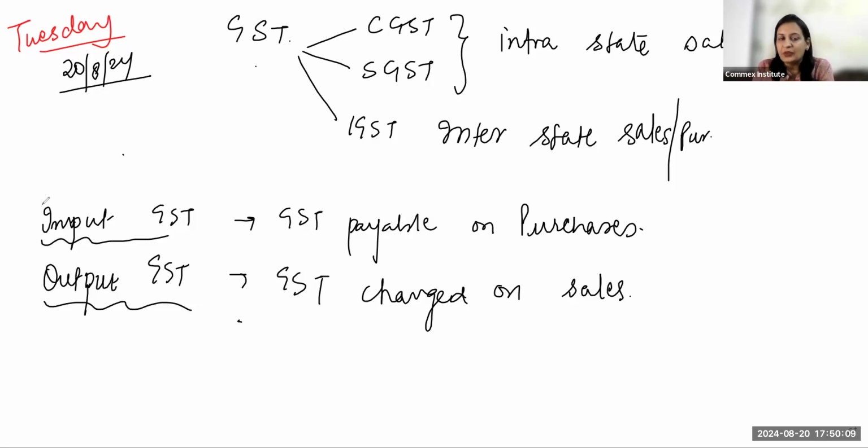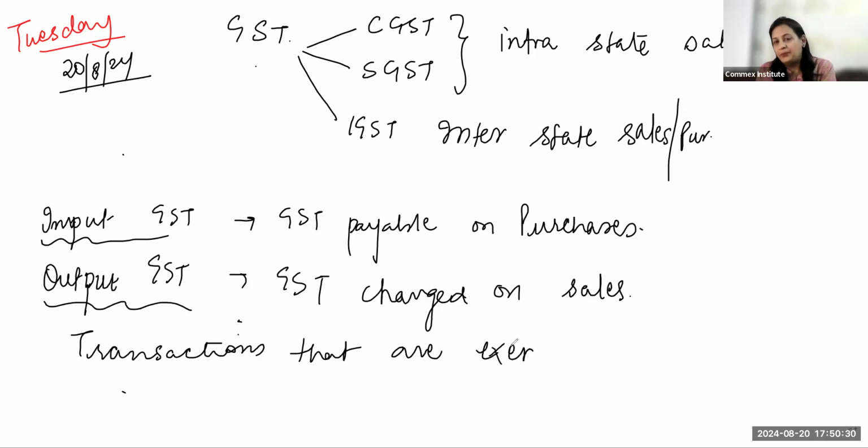The GST you have to include. But then you have to keep in mind there are certain services and certain transactions which are exempt from GST. So those transactions, you'll have to remember.